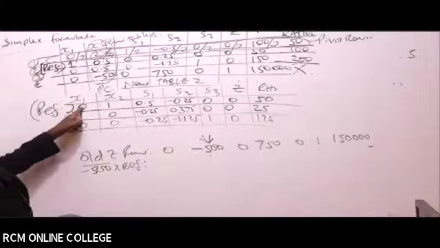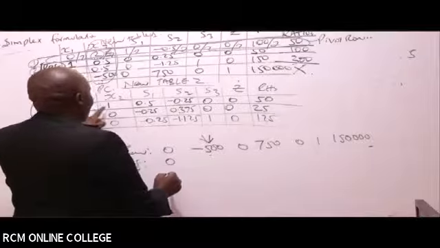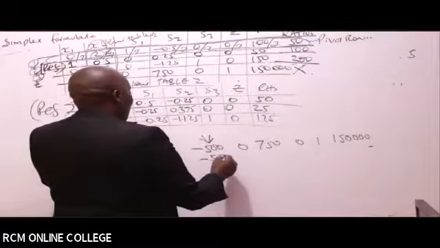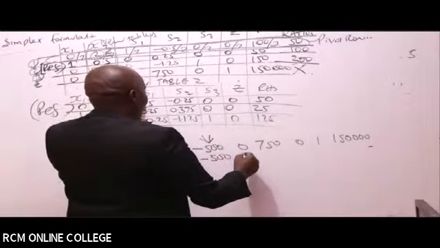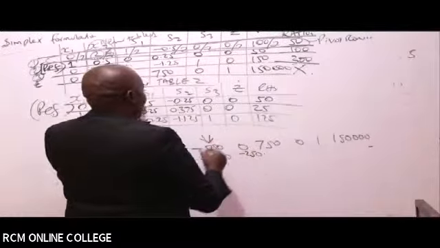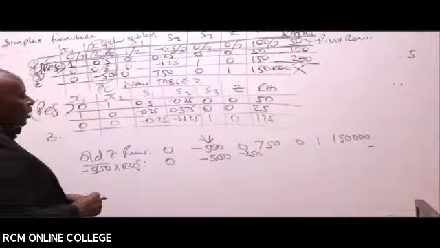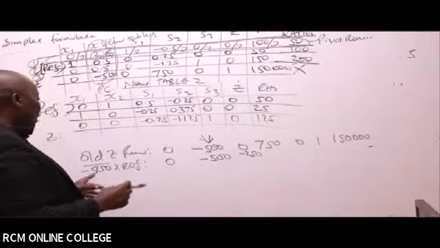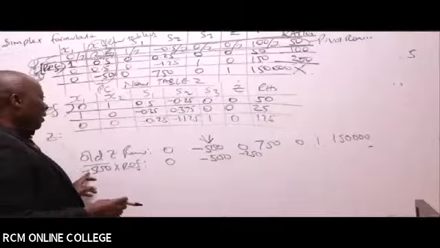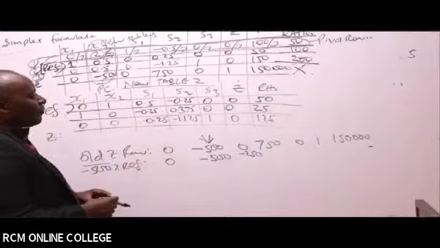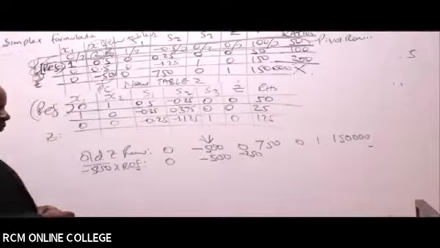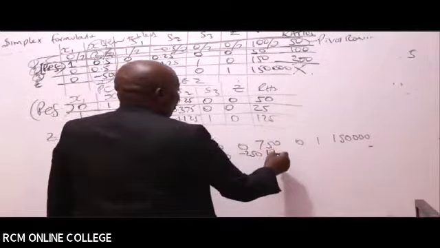So minus 500 times this gives me 0. This gives me minus 500. This gives me minus 250. Yeah, so the next one, you guys have to be kind enough to give me the answer. Minus 500 times this minus 0.25. So that will be positive what? That will be positive 125.